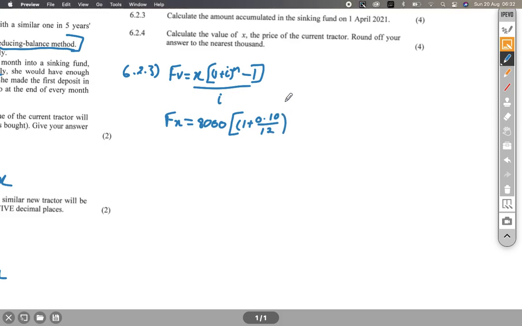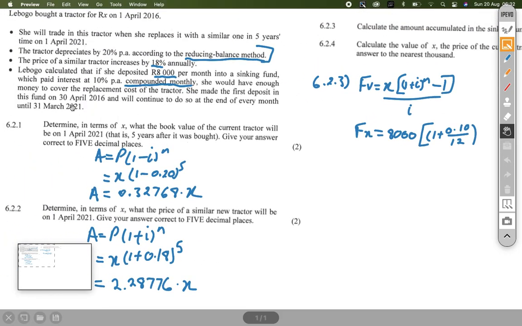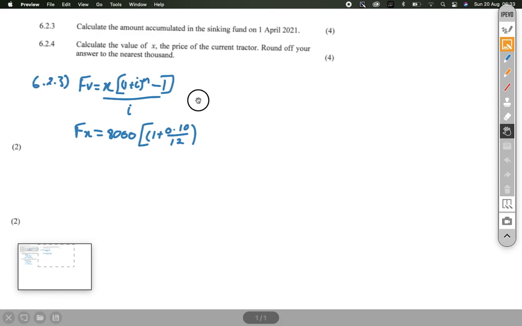And then our n would be 60, since from the date 2016 to 2021, that would be a total of 5 years.